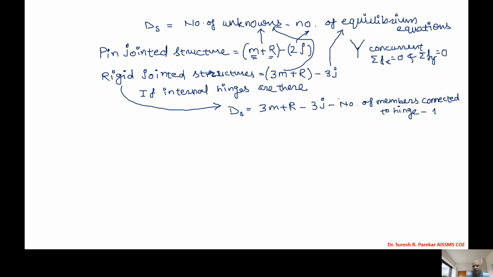Why? Because already one equation we are going to consider in moment equal to 0, and one extra we will get, therefore we are subtracting 1 from it.